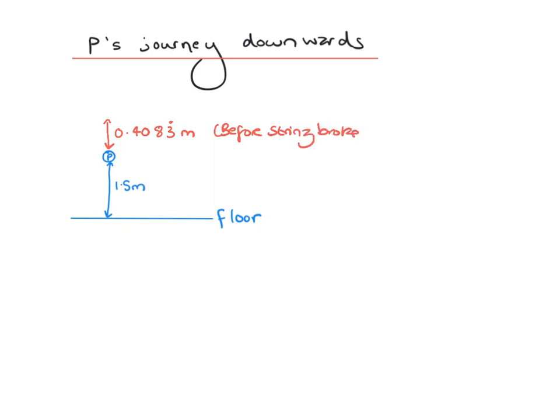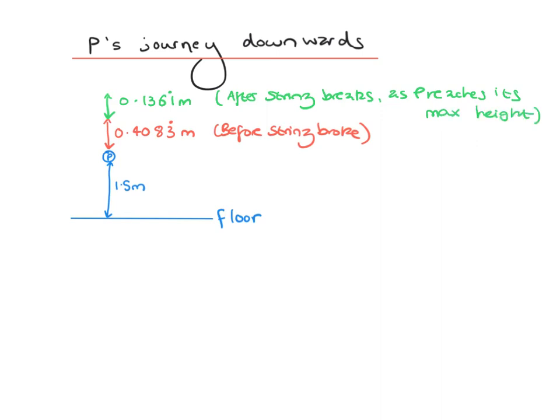Now, after the string broke, we calculated that P travelled a further distance upwards, equal to 0.1361 recurring metres. So that's after the string breaks, as P reaches its maximum height.